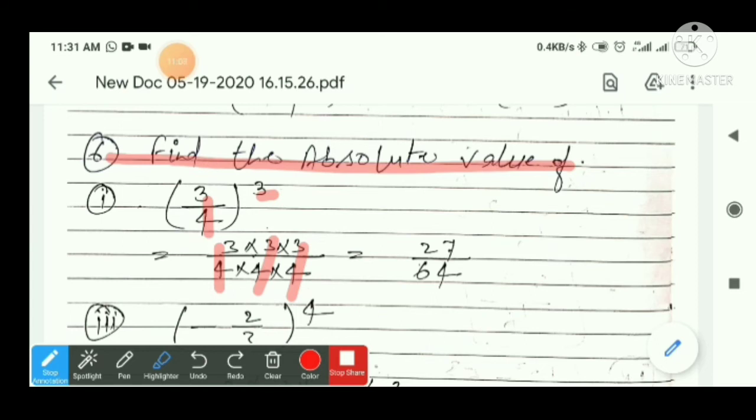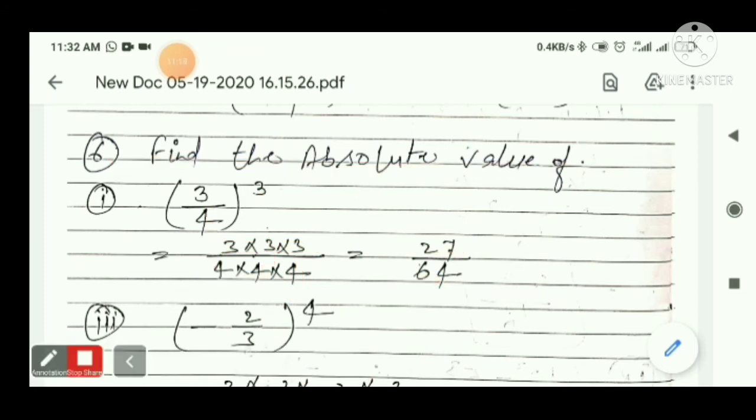It will be 3 threes are 9, 9 threes are 27, 4 fours are 16, 16 fours are 64. Okay students, any problem in this exercise? Please do all questions in this exercise. After that we will do exercise 4b.